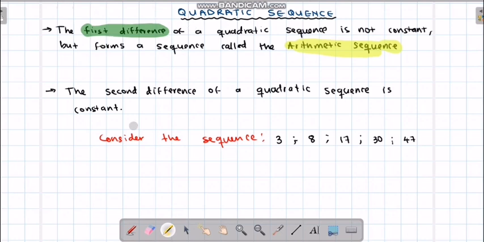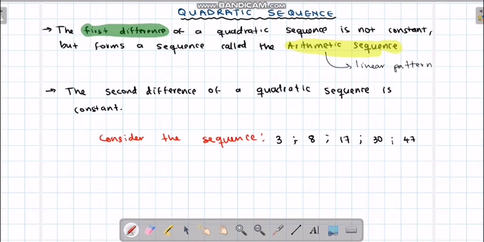Another word for an arithmetic pattern, which we were taught in grade 10, is a linear pattern. So a linear pattern is the same as our arithmetic pattern. When it comes to a quadratic sequence, the first difference is not the same, not common, not constant.